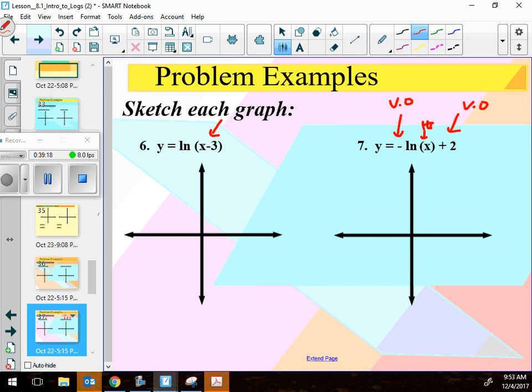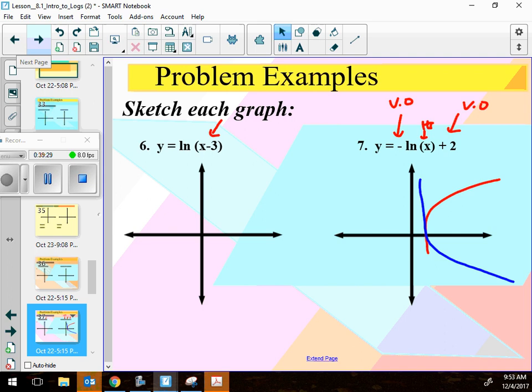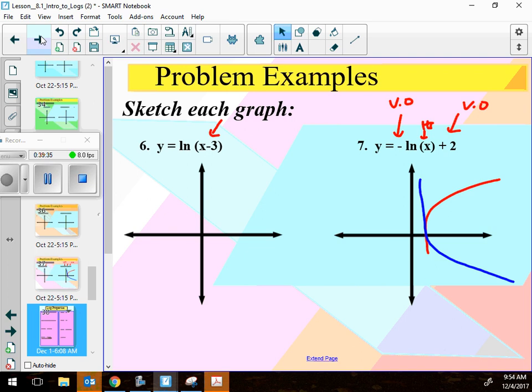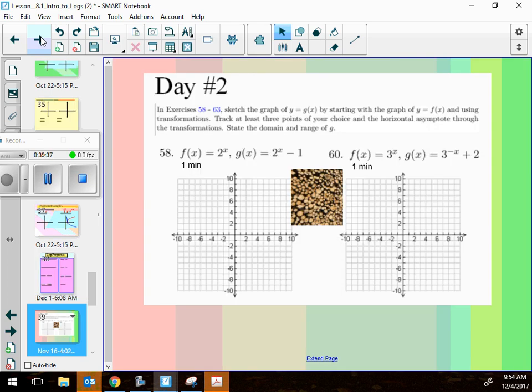If the ln graph, log base e, kind of looks like that, then this thing would be moved up 2 and then get flipped. Those are a little bit of a pain, but if you've got a brain that can handle spatial stuff, you can see it'd be the blue one. Flipped. Okay, and then there's those properties we talked through already, and here's day 2.